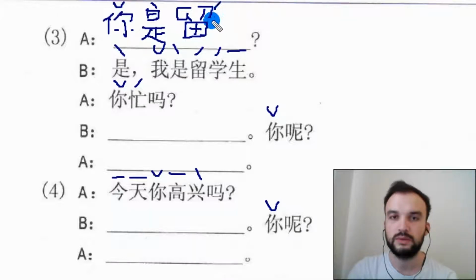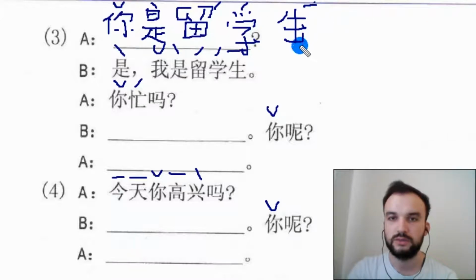Liu, second tone. Xue, second tone. Sheng, first tone.